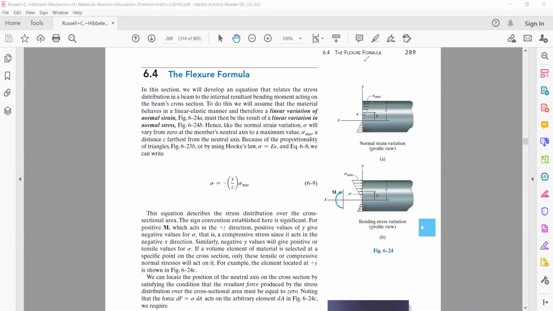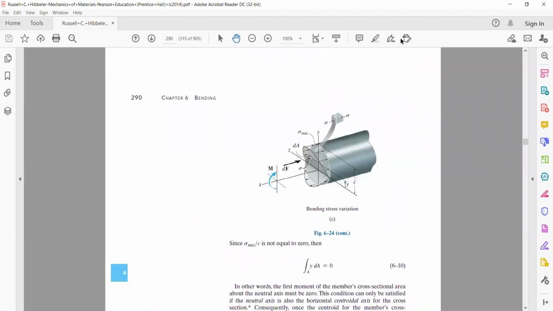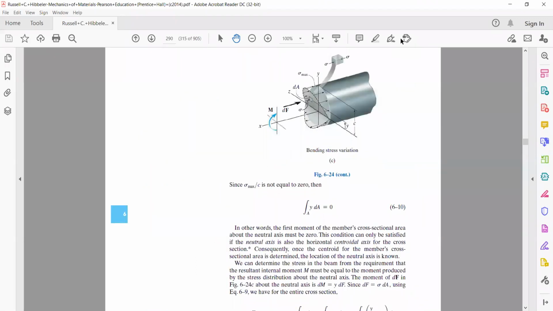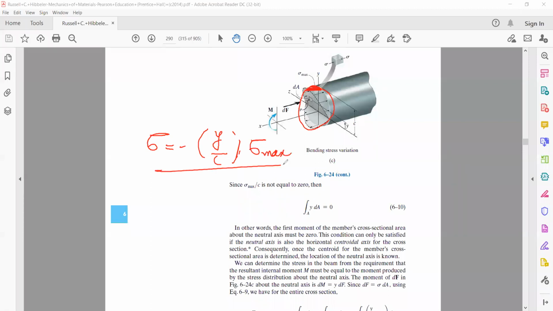Let's go to this diagram here. This is what I just want to make you understand, that as the beam is loaded, and you are taking this section into consideration, on this section we just saw that there is a stress variation such that stress is equal to minus y by c into sigma max.